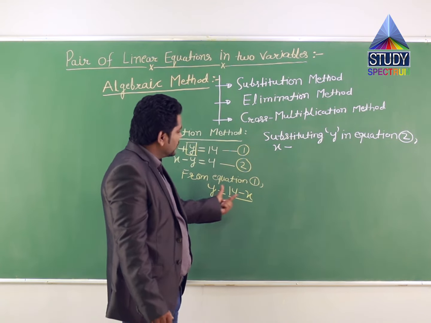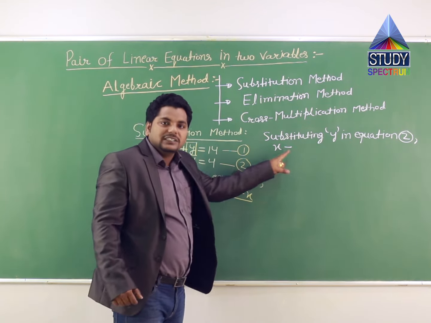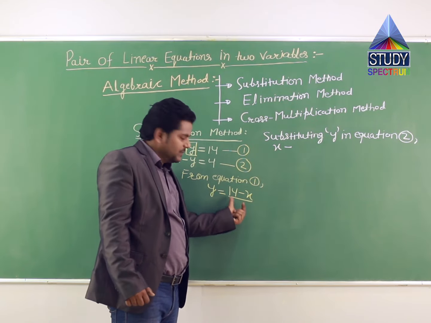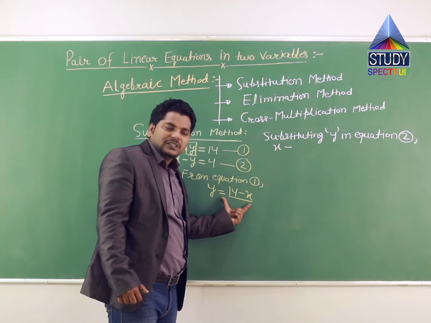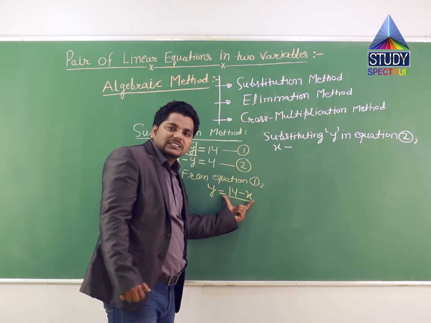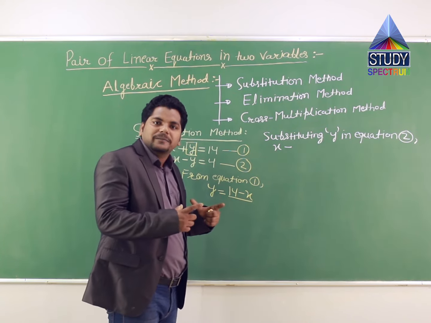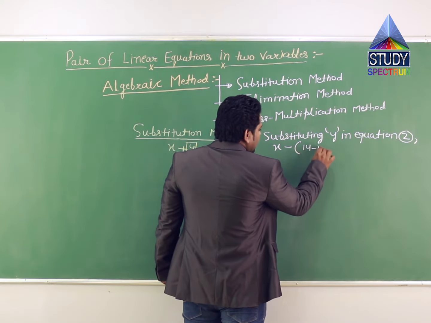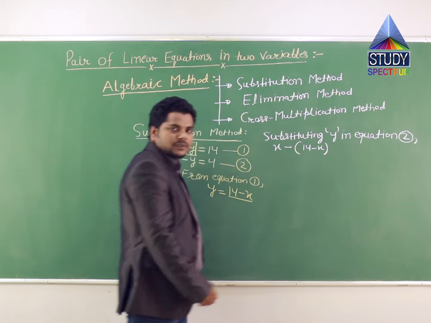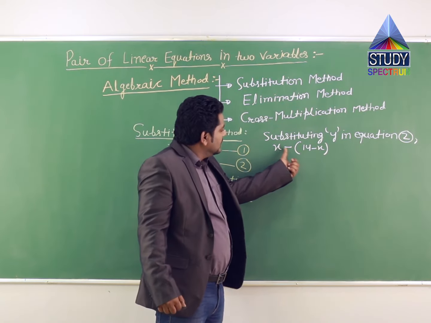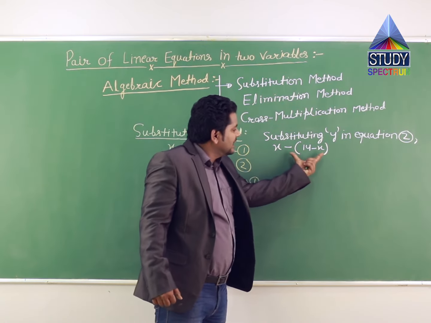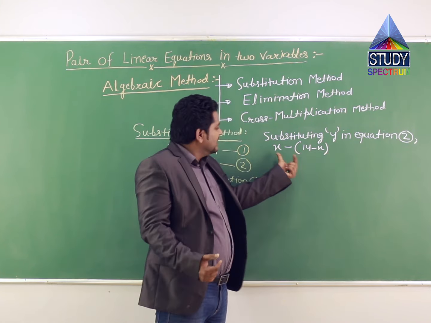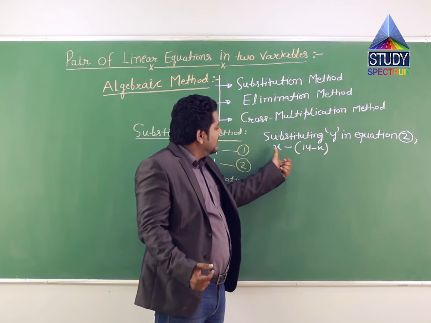If you have more than one term after a minus sign, you have to keep those terms in brackets. Here, 14 minus x has two terms, so you have to keep them in a bracket.